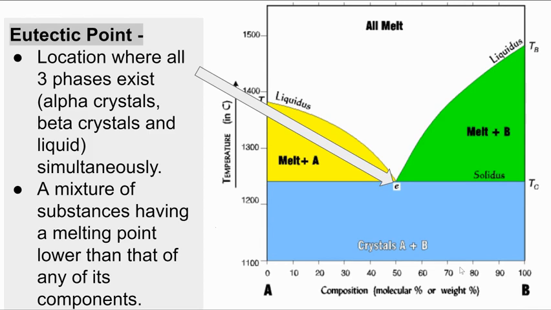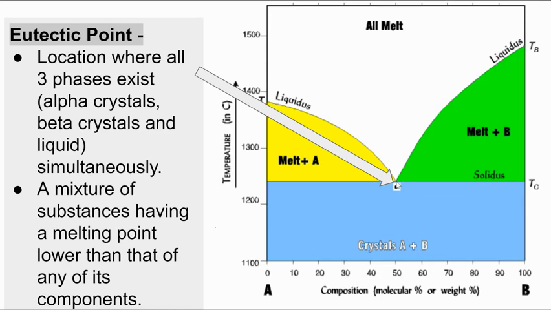Okay, this special location on the graph right here where the liquidus line V's down and intersects with the solidus line is known as the eutectic point. And the eutectic point is the location where all three phases exist simultaneously. At this point, you have both alpha crystals, beta crystals, and liquid.